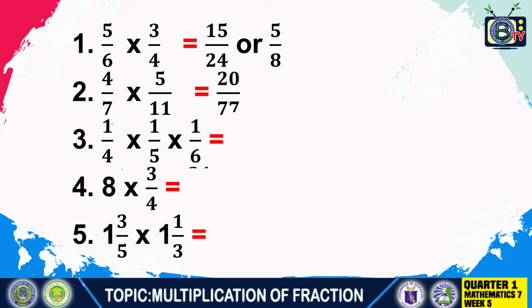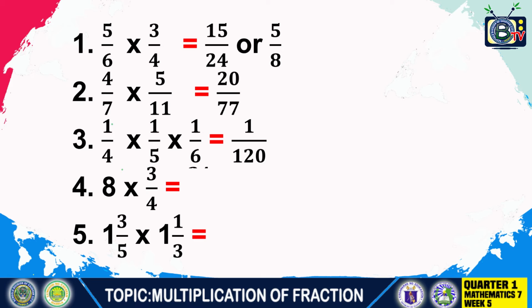1/4 times 1/5 times 1 over 6. Okay, we have 3 fractions here. Okay, don't worry. As long as you follow the rule, multiply all the numerators, multiply all the denominators. So, let's have the numerators, class. 1 times 1 times 1 is 1.